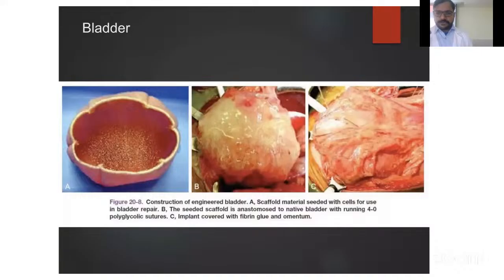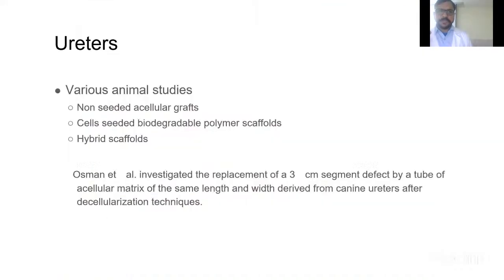Figure A shows scaffold material seeded with cells for use in bladder repair. B shows the seeded scaffold anastomosed to the native bladder with Vicryl 4-0 in a running suture. C shows the implant covered with fibrin glue and omentum. In the ureter, various animal studies used non-seeded acellular grafts, cell-seeded biodegradable polymer scaffolds, and hybrid scaffolds.